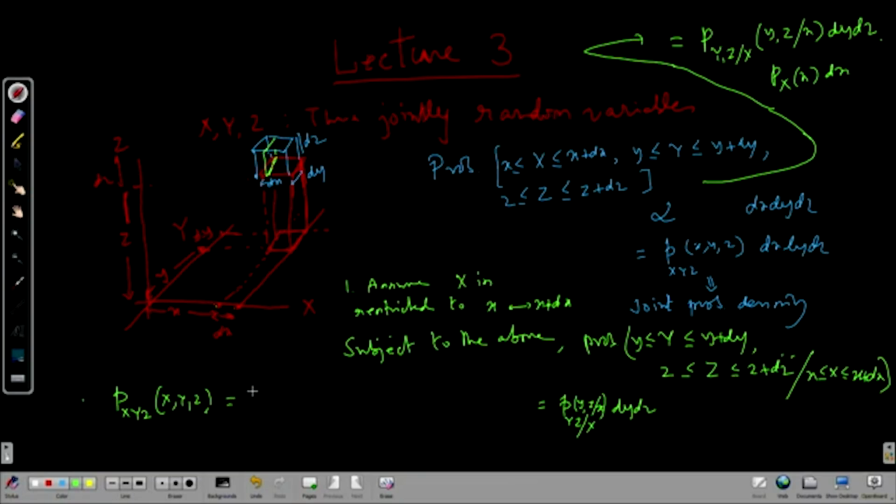So, that is a product of, here these are the two free variables, then the constraint x. So, the value of capital Y is small y, the value of capital Z is small z, given the value of capital X. These are multiplied by, since it is a constraint variable, the probability density of that alone, which is the constraint variable, will be here.